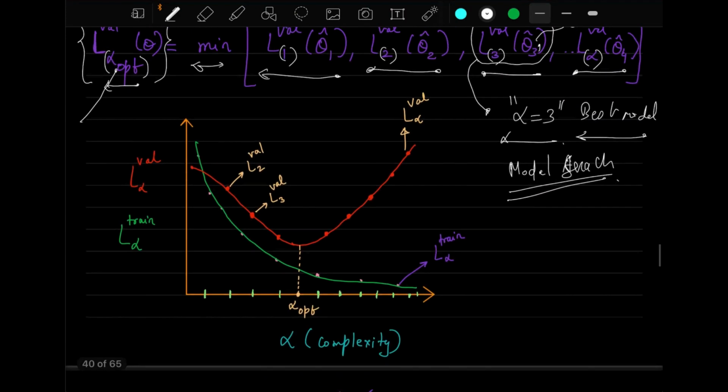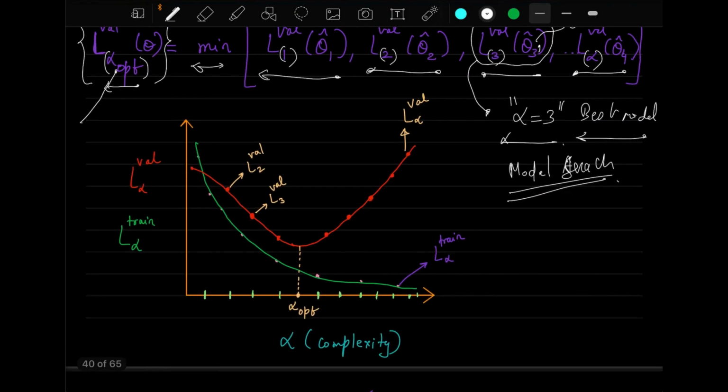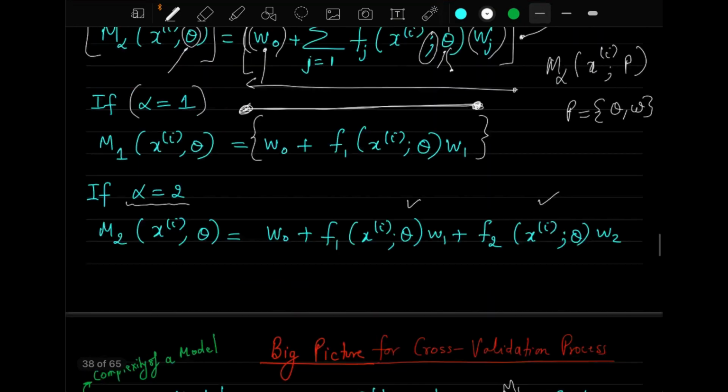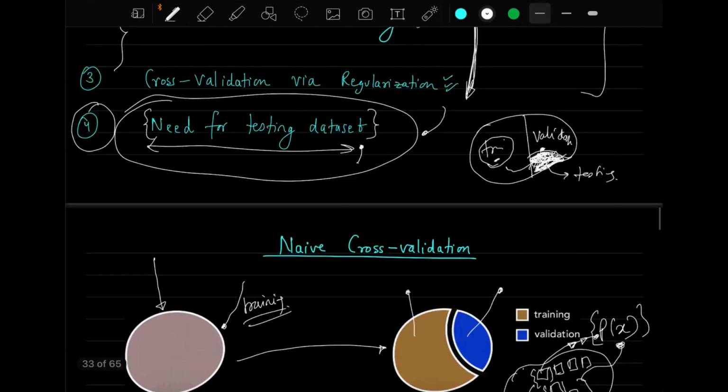This is actually showing you the plot of the validation versus the training error against complexity. As you can see, I am plotting here the complexity of the model. The complexity is here alpha equal to 1 and here alpha is equal to, let us say, 30. As you increase the complexity, you can see this green curve is the training loss. As we saw earlier in this slide, I'll just go back and show you.